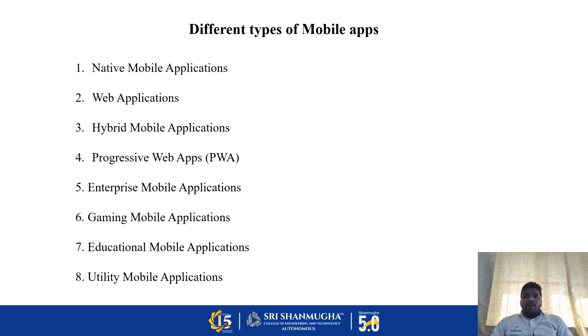In this slide, we can see different categories such as native apps, web apps, hybrid apps, progressive web apps, enterprise apps, gaming apps, educational apps, and utility apps. Now, let us discuss each type one by one with examples so that you can easily understand the differences.